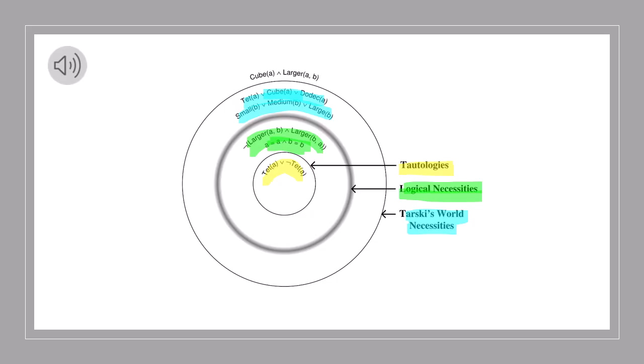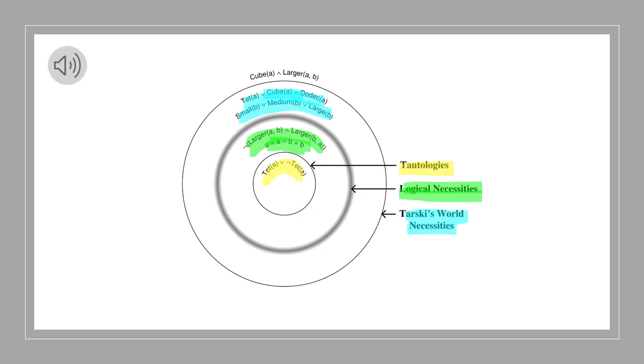The textbook offers a fantastic Venn diagram explaining the connections between tautologies, logical necessities, and TW necessities, or Tarski world necessities. And I've tried to highlight those here in yellow, green, and blue.